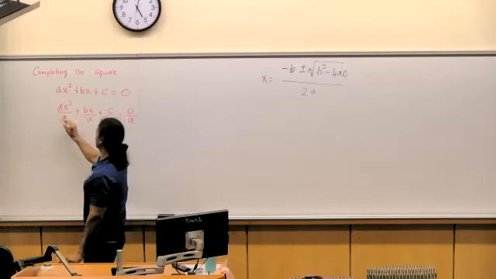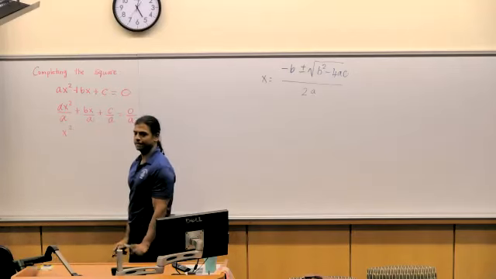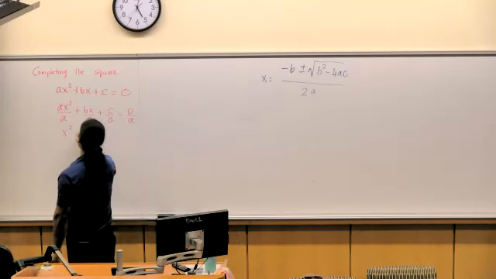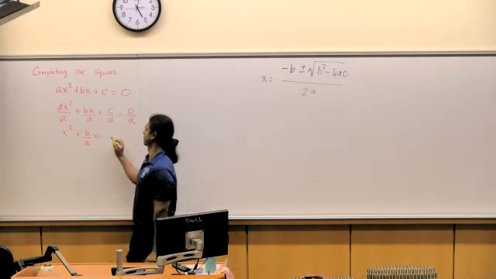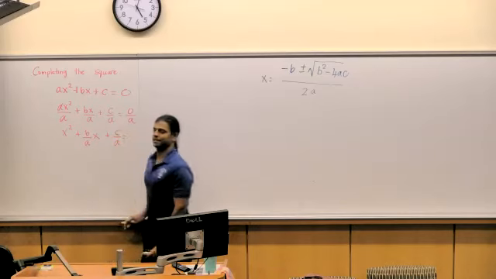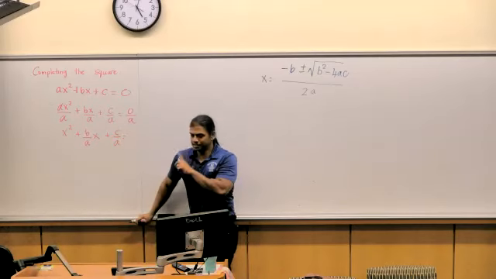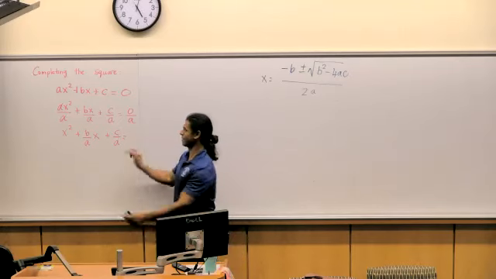The a's go away here. So we have x squared plus b over a x plus c over a. And 0 divided by a is 0.